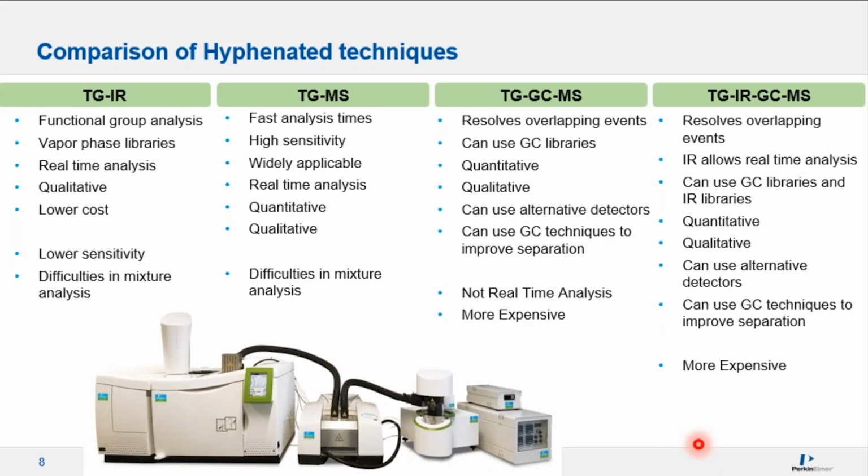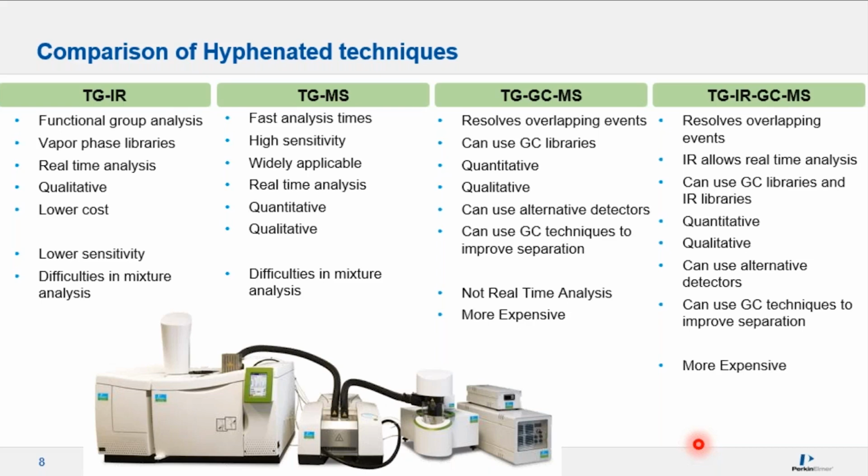So moving to TG-GC-MS. Here we're adding a gas chromatography step before we get to the mass spec detection step. This has the benefit of resolving overlapping events. If you have complicated mixtures of gases, the chromatography step can separate those compounds and we can identify them individually.